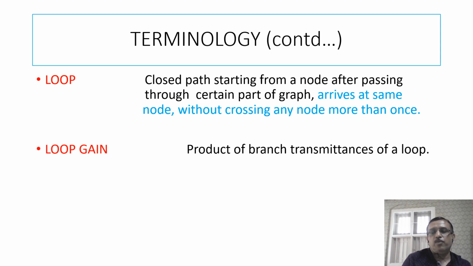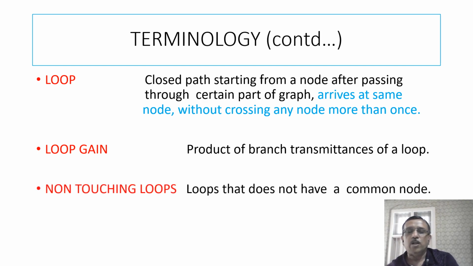Loop gain: the product of branch transmittances of a loop is called loop gain. As I told you, don't worry about these definitions. Once we see some illustration, things should be very clear. Non-touching loops: loops that do not have a common node are called non-touching loops.